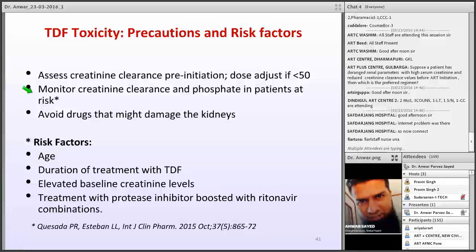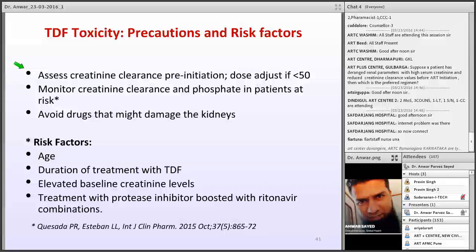Now, what are the precautions that need to be taken, and what are the risk factors we can keep a watch on when we start patients on tenofovir? So assess the renal function, the creatinine clearance, pre-initiation, which we already do, and if it is less than 50, we need to adjust the dose.